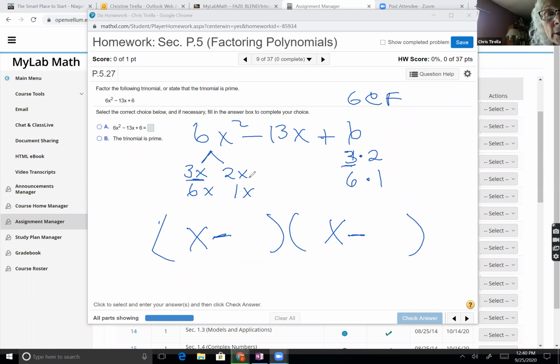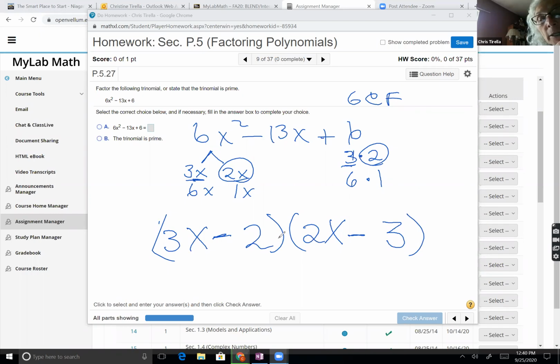And if I take the 2x times the 2, that'll give me 4. And 9 and 4 would give me that 13. So I'm going to use the 3x and the 2x. For the 3 to be multiplied by the 3, they have to be in different parentheses. For the 2 to be multiplied by the 2, they have to be in different parentheses.